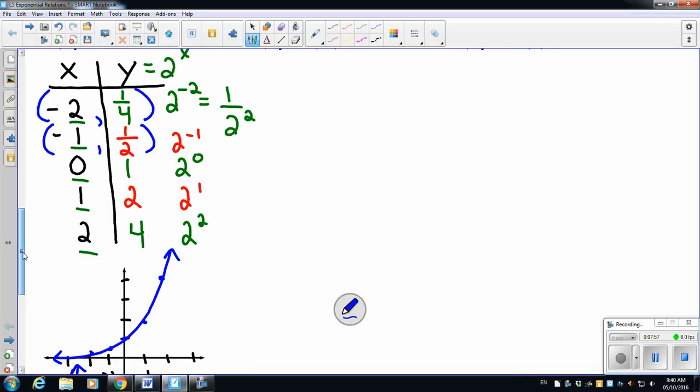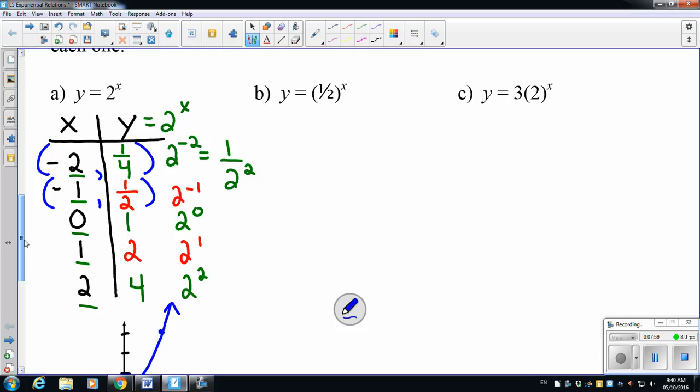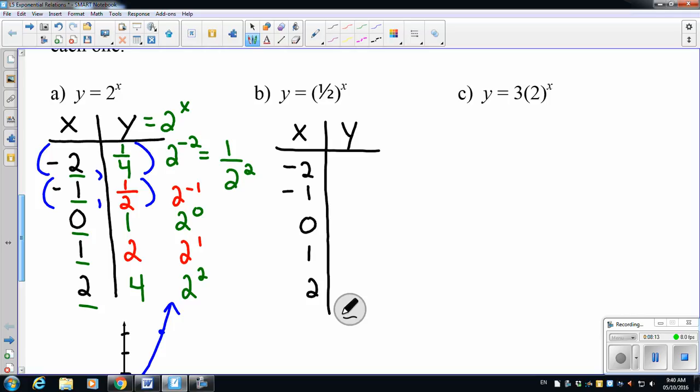All right, let's do another one. So if I have 1/2 to the x, I can make my nice table. Let's see if I can do a straighter line this time. My x, my y, same deal every time. -2, -1, 0, 1, 2. This time my equation is 1/2 to the exponent x.